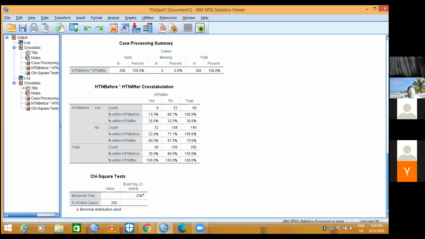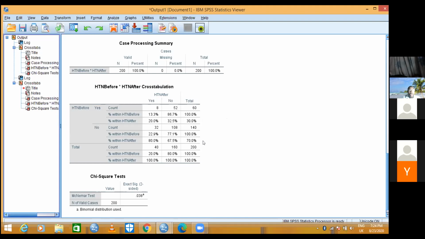So 60 out of 200 is 30%. 30% were hypertensive and 70% were not hypertensive. So the prevalence of hypertension was 30% before.